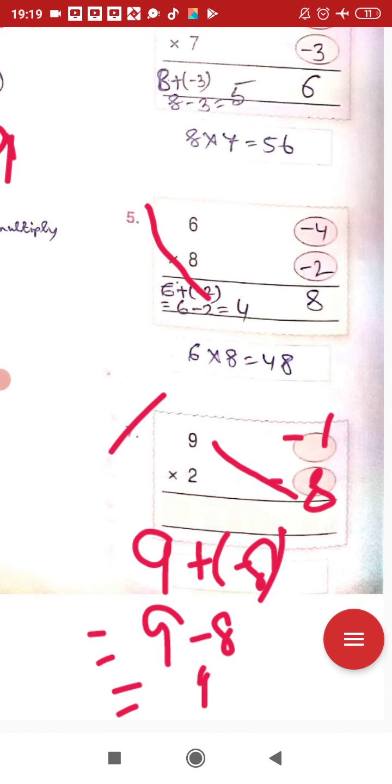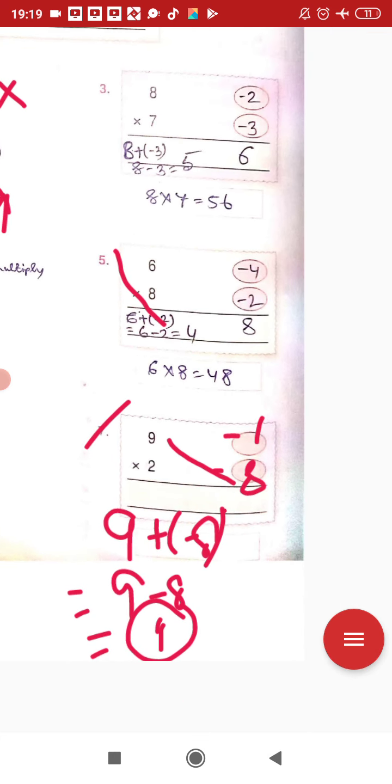So 1, that is the number we are getting as the result on the left hand side. Now add these two numbers. No, sorry, multiply these two numbers, 1 with 8. 1 8 is 8. Both are negative, so the product will be positive. So 1 and 8, that means 18.